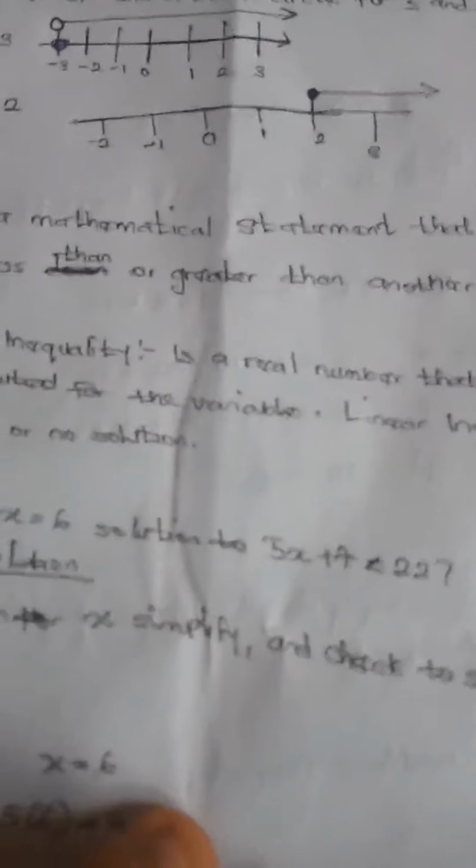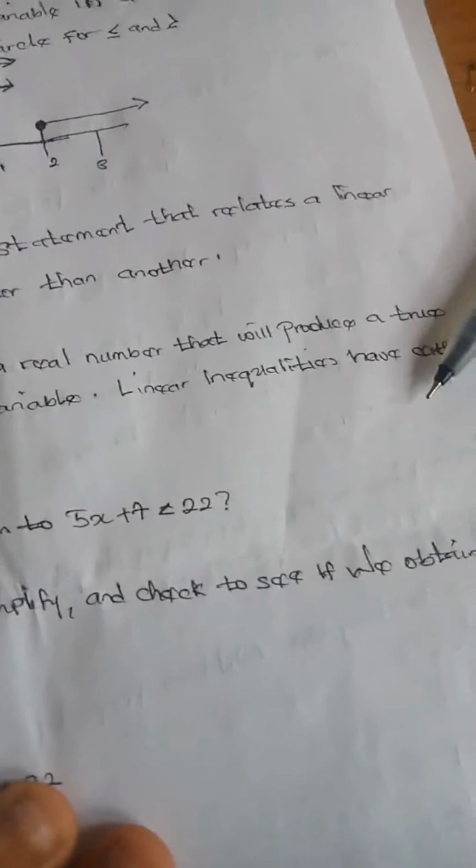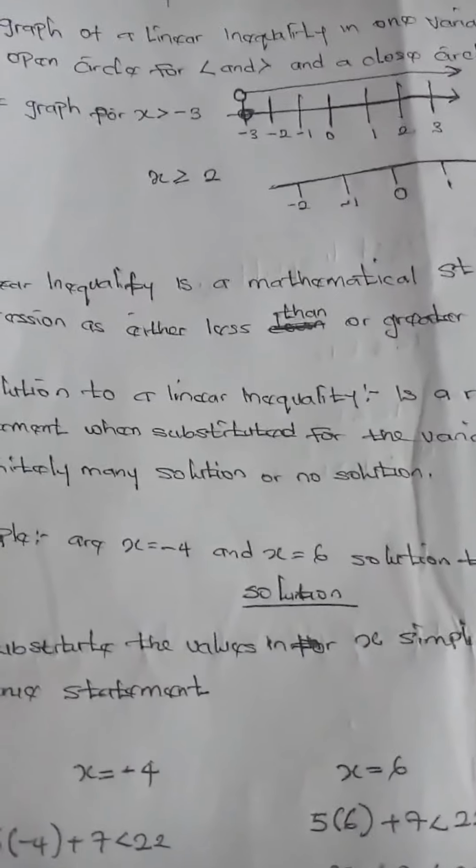The solution of a linear inequality is a real number that will produce a true statement when substituted for the variable. Linear inequalities have either many solutions or no solutions. What she's trying to say is that it depends on what you are solving.